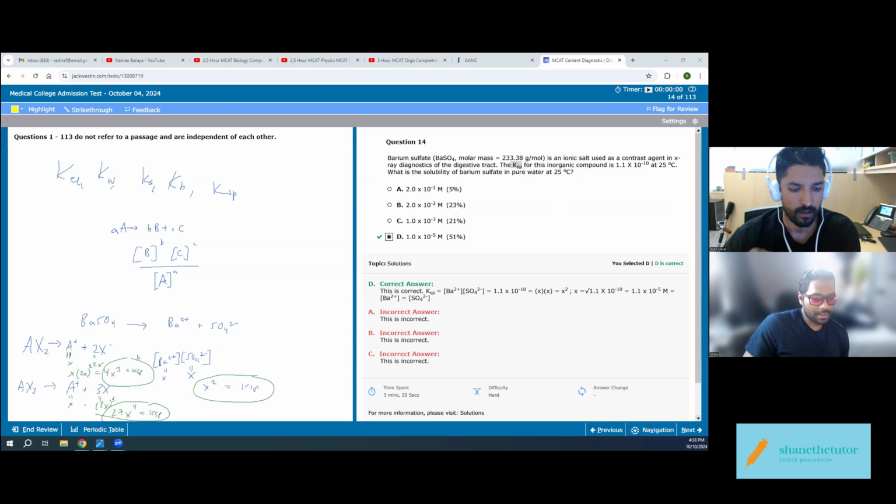Now for us, since we have an equal amount of barium and sulfate, we use this one. So x squared is equal to Ksp, which is 1.1 times 10 to the negative 10 power. Now we just need to solve for x.